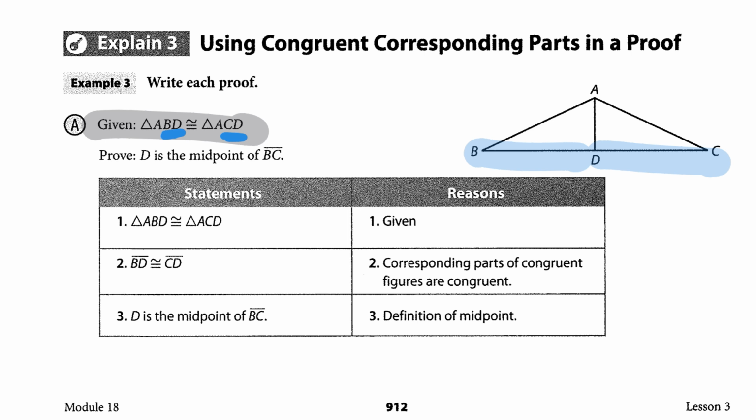And since those triangles are congruent, those pieces are congruent. So they've written corresponding parts of congruent figures are congruent. Then it says D is the midpoint of BC. And the reason that they know is because that's the definition of a midpoint. If those two pieces are equal, then the point in the middle is called the midpoint.